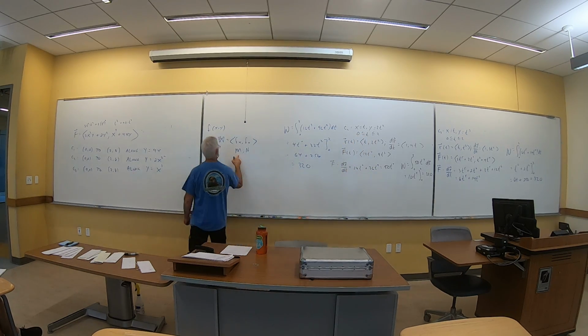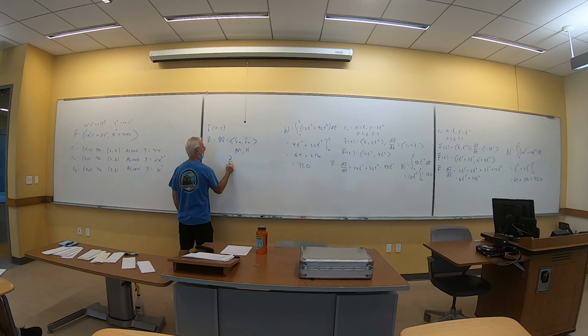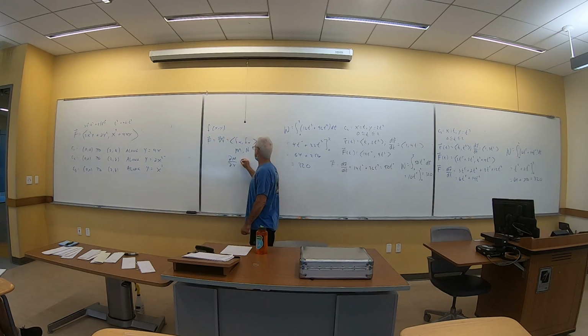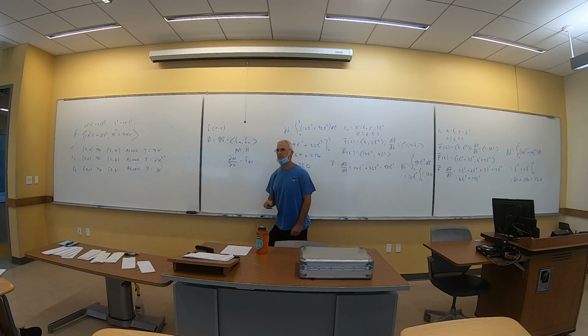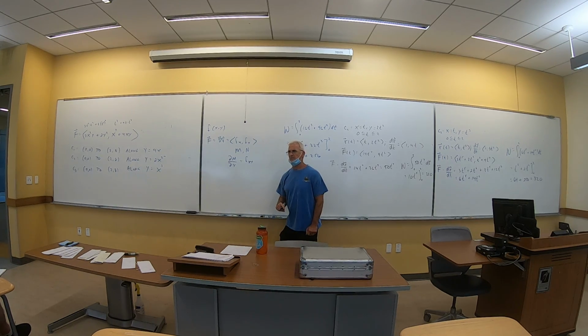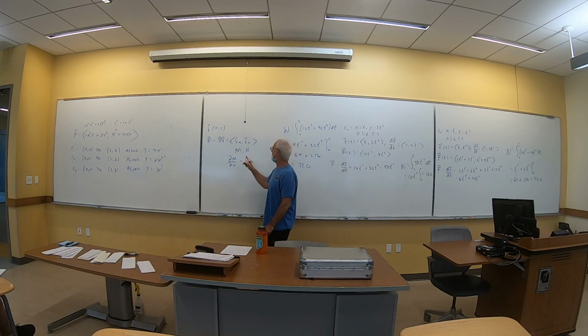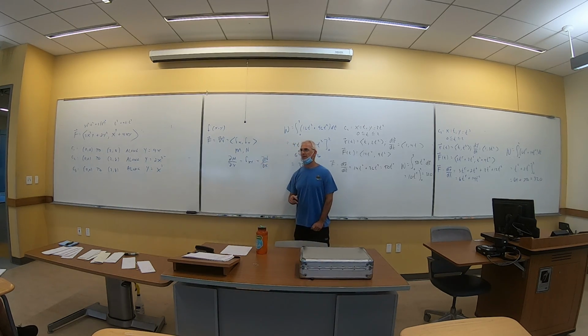Tell me, what's the partial of M with respect to y? Wouldn't that be f_xy? Yes? No? Maybe? What's the partial of N with respect to x? So it'd be the same thing, wouldn't it? It's an absolute black and white statement.